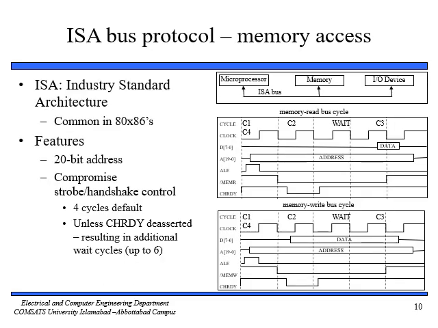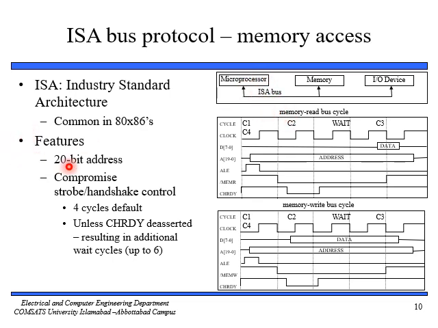So in this slide we are going to talk about ISA bus protocol memory access. ISA stands for Industry Standard Architecture. It is an architecture for memory access. It is common in 8086 based systems. You can see here that we have microprocessor, memory and IO devices all connected to the ISA standard bus.